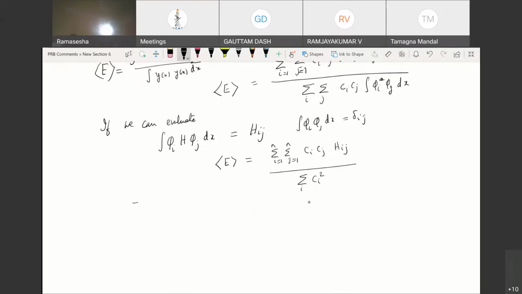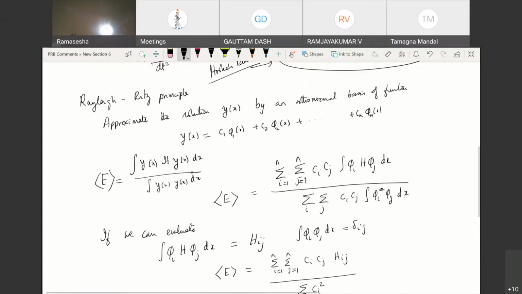So E times the sum over i of c_i squared is equal to the sum over i, j from 1 to n of c_i c_j H_ij.